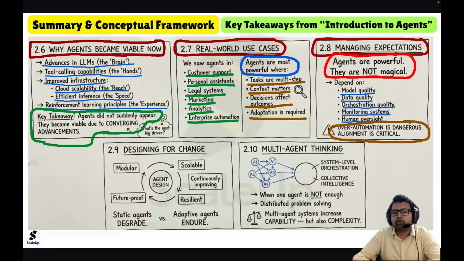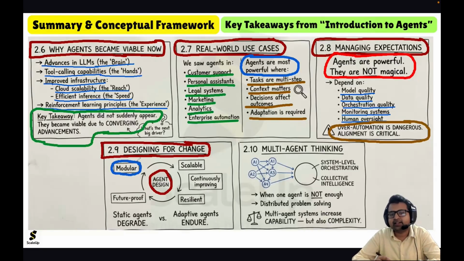Then we also looked into designing for change. We are making agentic AI applications, so when designing them we have to keep several things in mind. We should follow a modular approach, wherein every module acts like a component with a fixed responsibility.